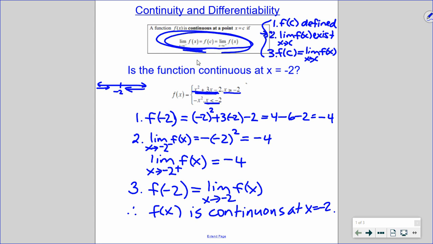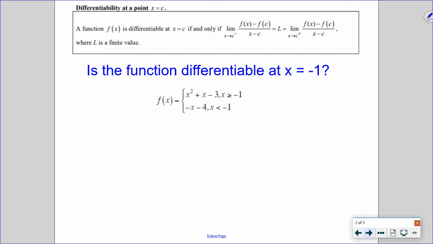Okay, now let's talk about differentiability. So you guys remember we started our discussion about the derivative as slope of the tangent line. And remember, the first way you found a derivative was as a limit.